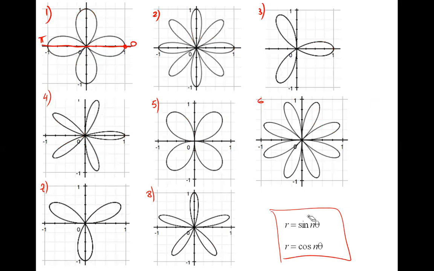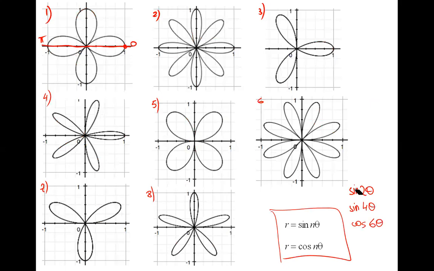Yes, that's me now. If the quantity n is an even number, like let's say sine of 2 theta, sine of 4 theta, or maybe cosine of 6 theta, that means when the number is even, we will always double the number of loops.